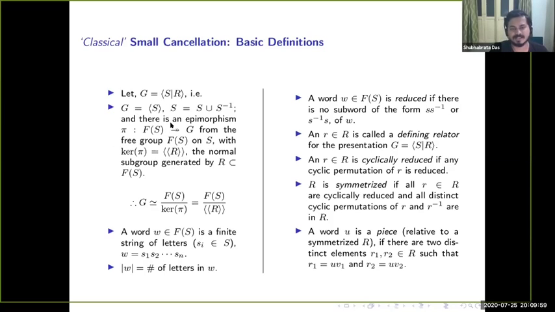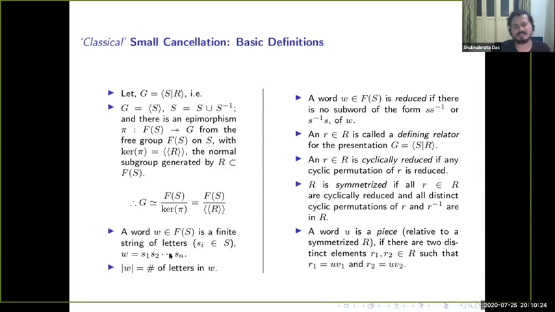By this presentation, we mean that G is generated by S. That means G is a quotient of the free group on these letters S, and the kernel of this epimorphism is the normal subgroup generated by these words.